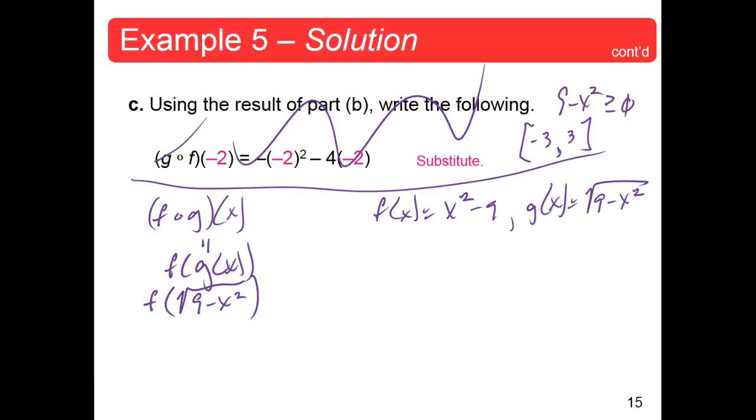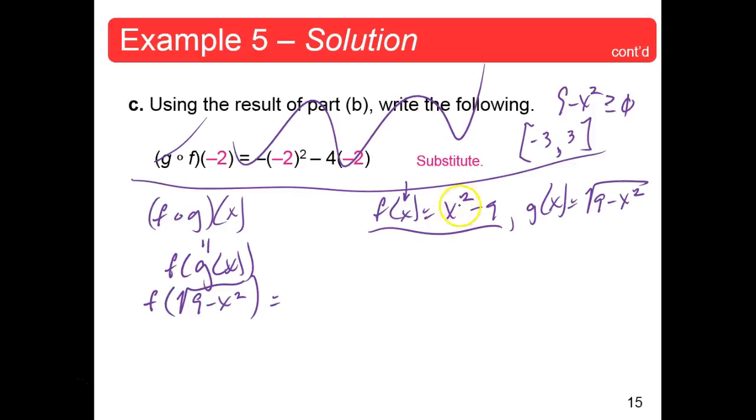Now, continue. What's f of the square root of 9 minus x squared? What would that be? Your f function is right here. The f function says whatever is in here, what do you do to it?